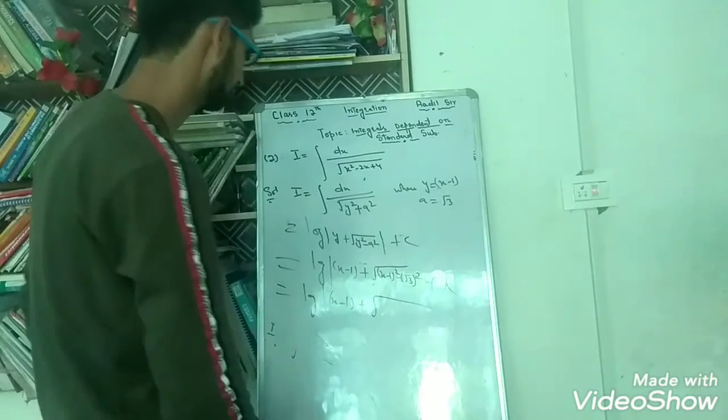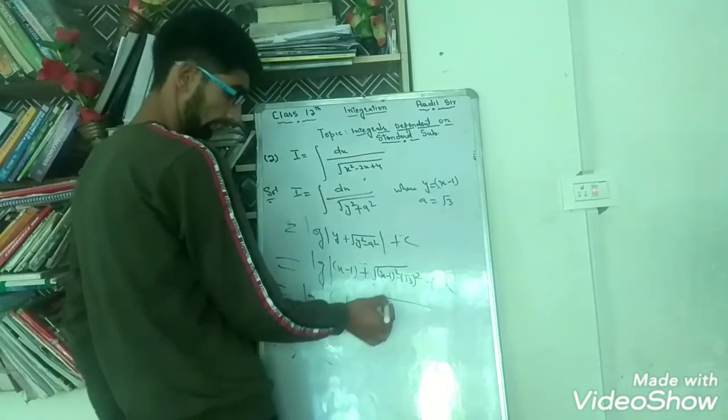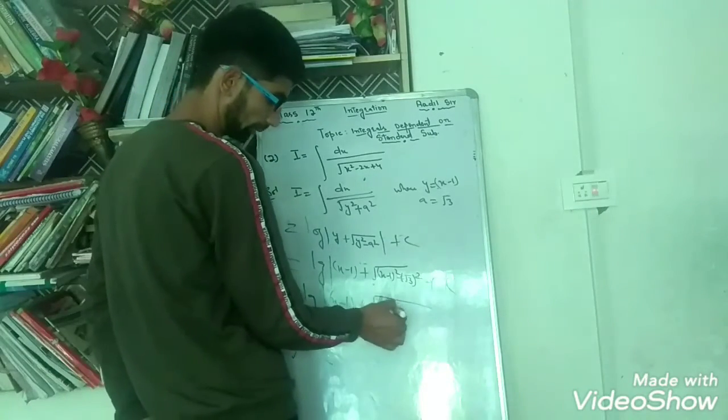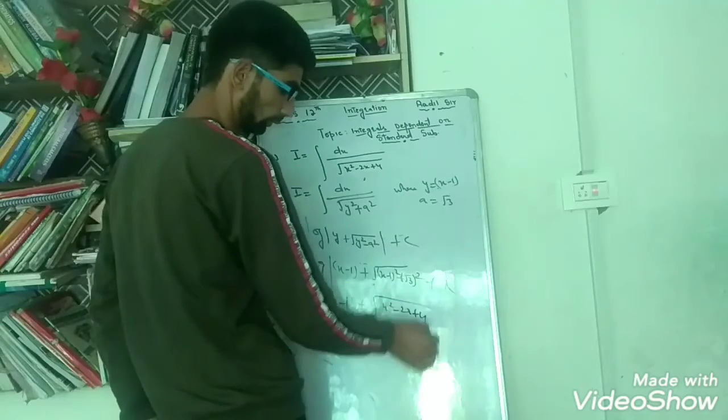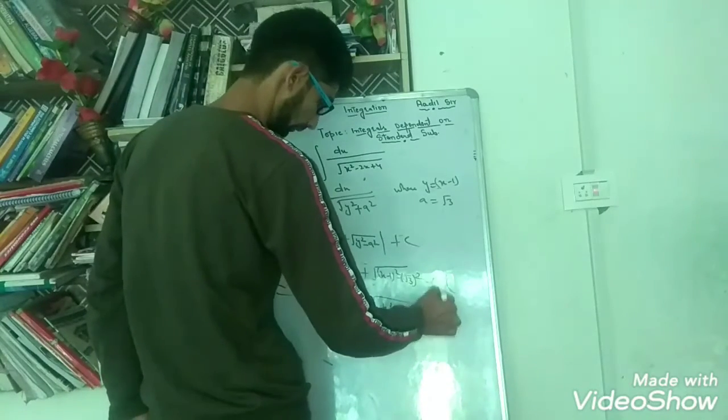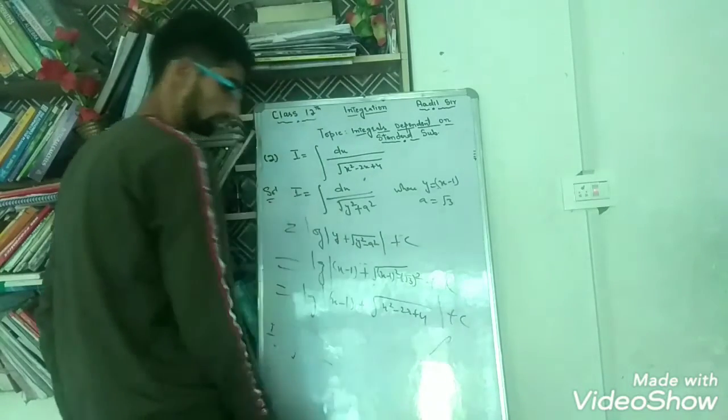When you solve this, it will come out as log of x minus 1 plus under root of x square minus 2x plus 4, plus c. This is our solution of this integral.